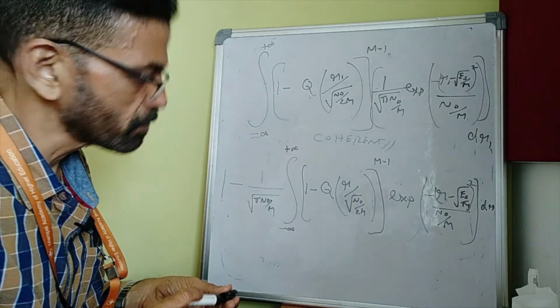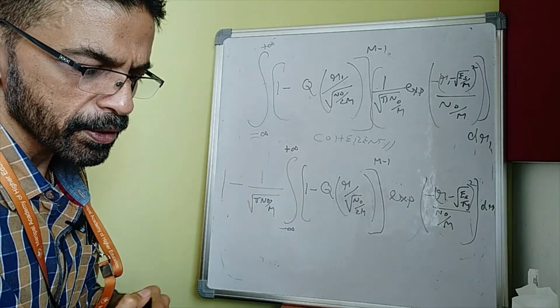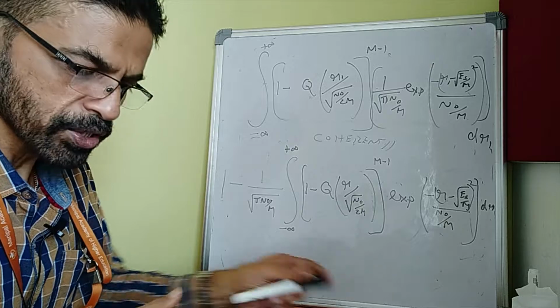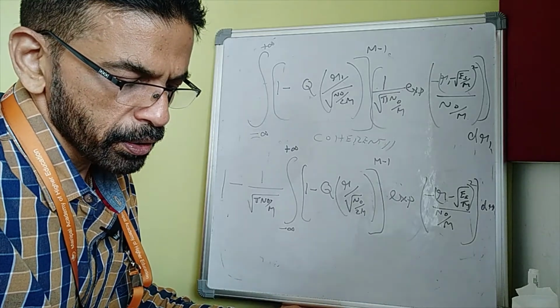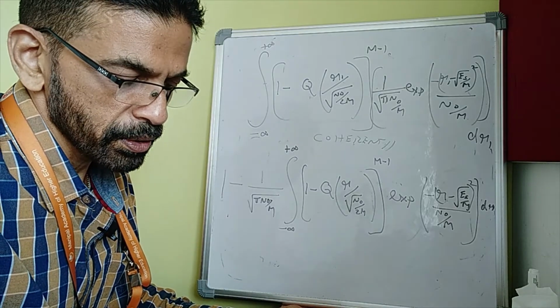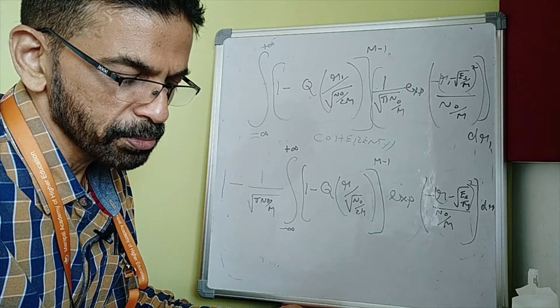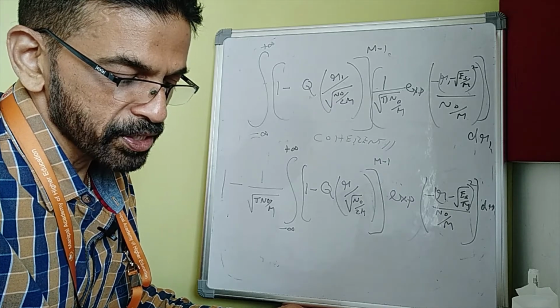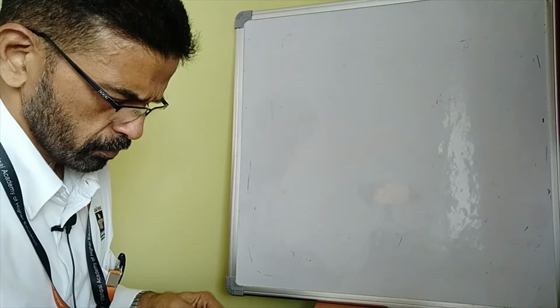So this is the performance evaluation, and we will next move on to the next higher level modulation scheme, which will be quadrature phase shift keying, or QPSK in short.